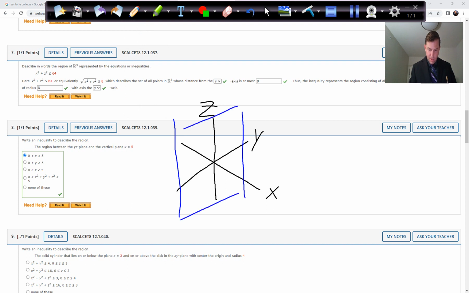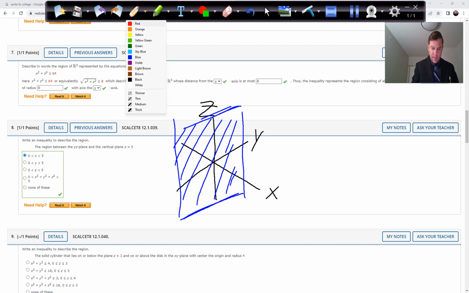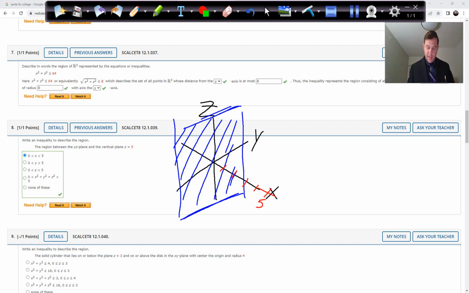Got to be real careful. I want to draw these lines parallel to the y-axis, and these vertical lines parallel to the z-axis. So it'd be this plane right here. And the vertical plane x equals 5. So when x equals 5, I'm going to exaggerate this. It would be 1, 2, 3, 4, 5. So here's x equal to 5. And that's also a plane, but it's going to be parallel to the XZ plane.